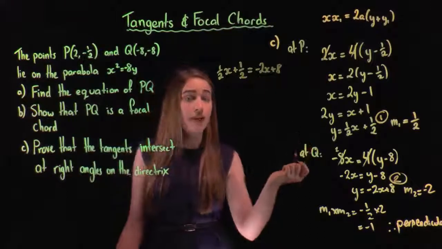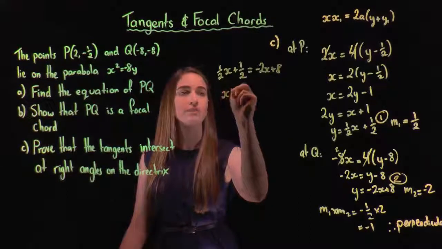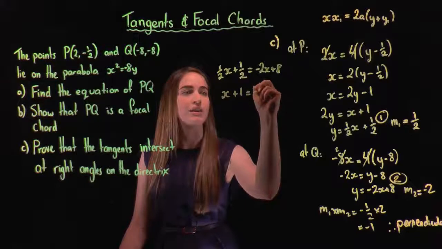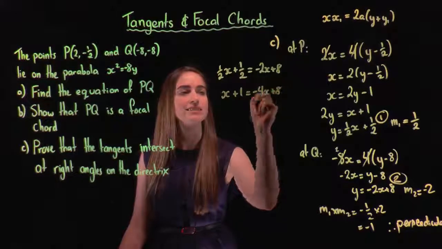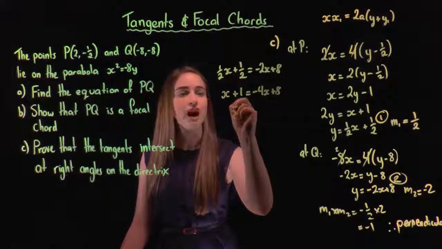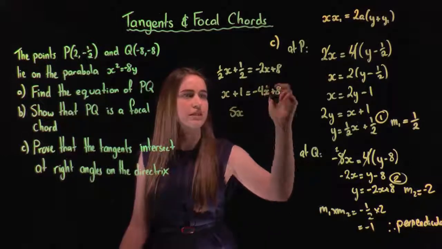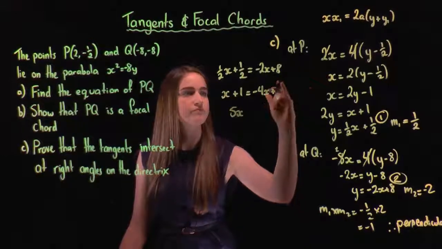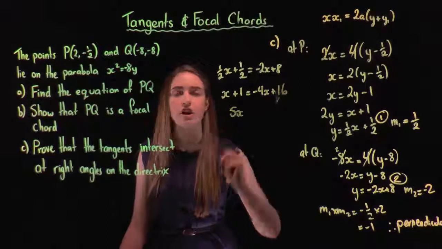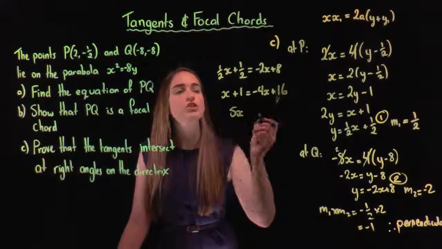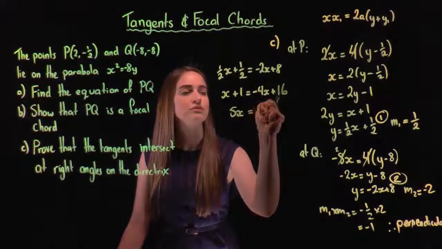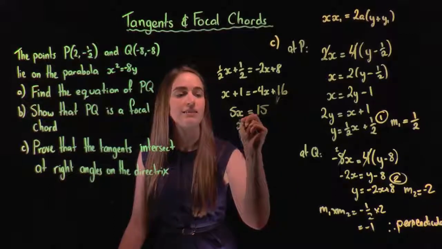I'm going to multiply everything by 2, so I'll have x + 1 = -4x + 16. Oh, sorry, hang on, that should have been a 16, not an 8, because I multiplied by 2. Rearranging it all, I end up with 5x = 15, which means that x = 3.